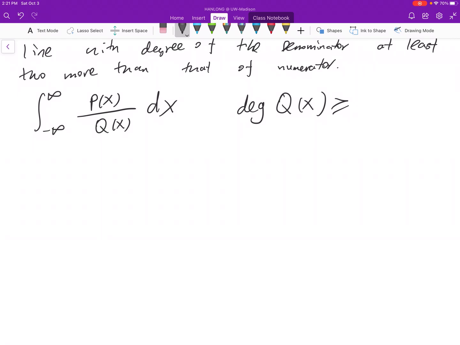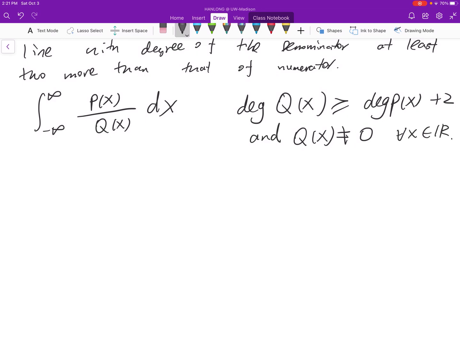P, q are polynomials, under the condition degree q(x) is greater than or equal to degree p(x) plus 2. And of course, for this moment, we assume the denominator is different from 0 when x is a real number.